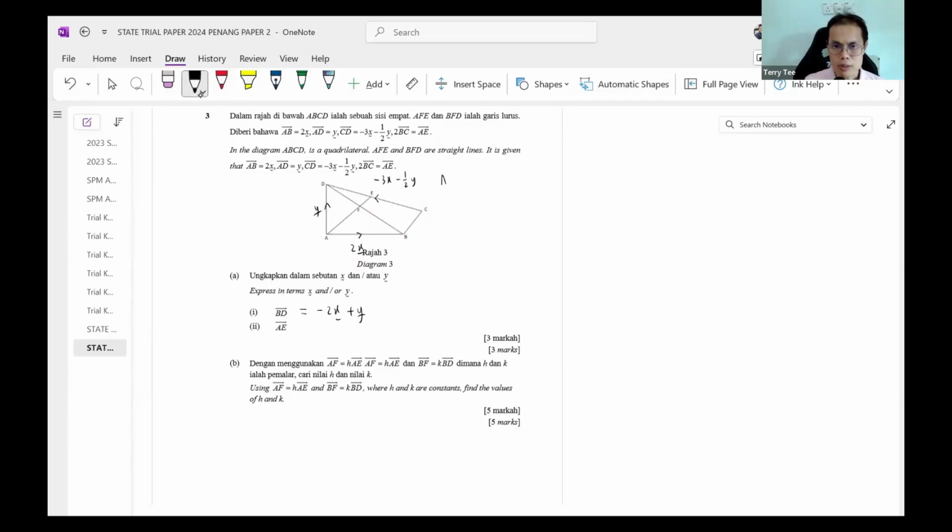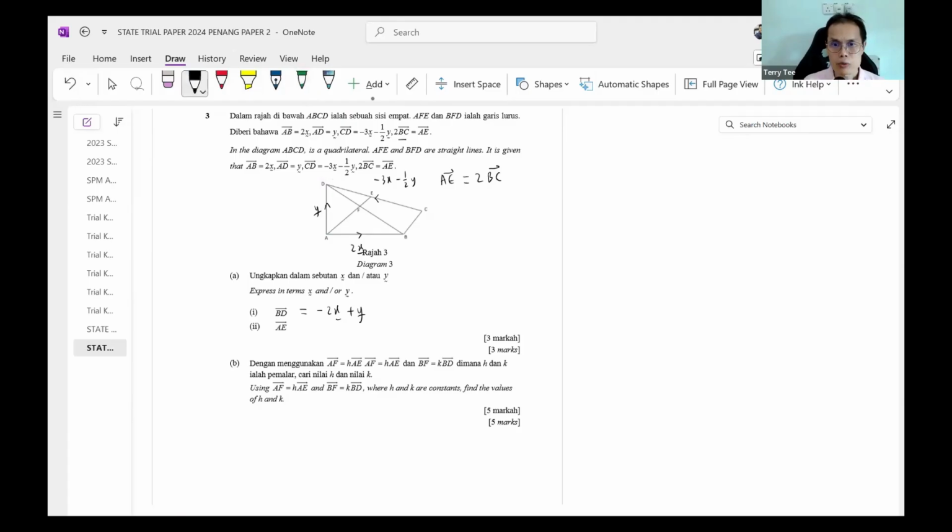Now for AE, you can see AE is actually twice the length of BC. We can find BC. BC is B to A to D, D to C, the long way.